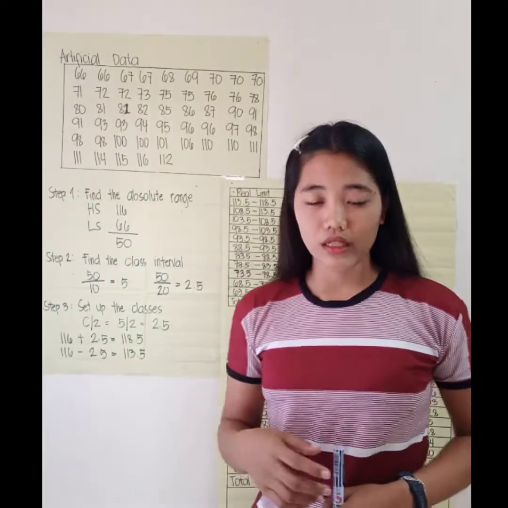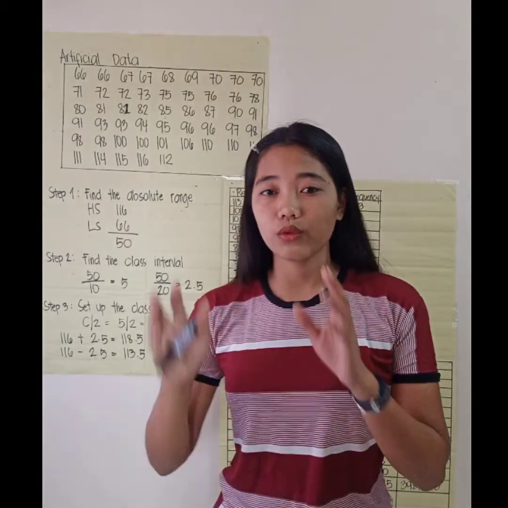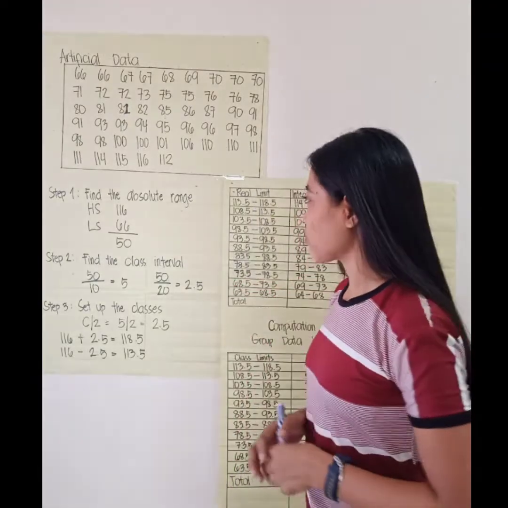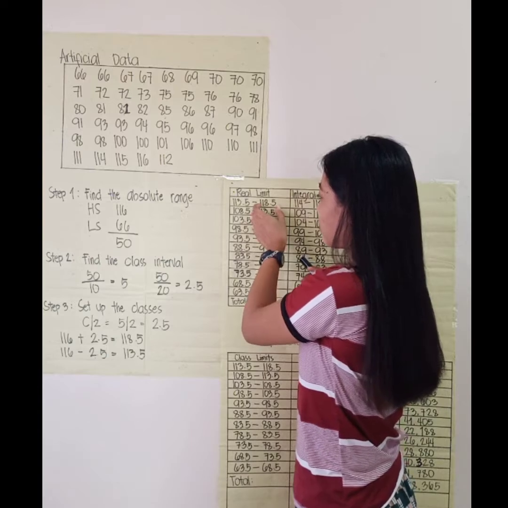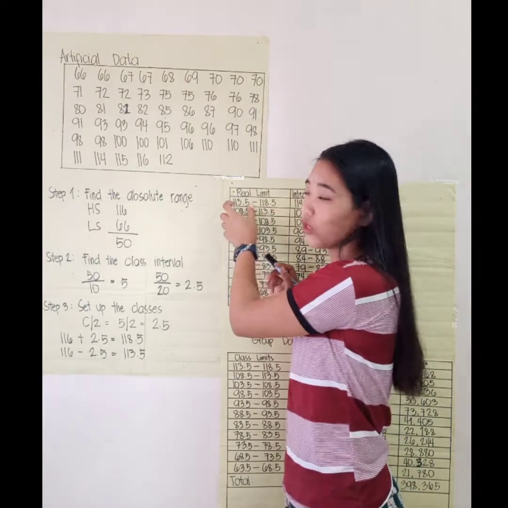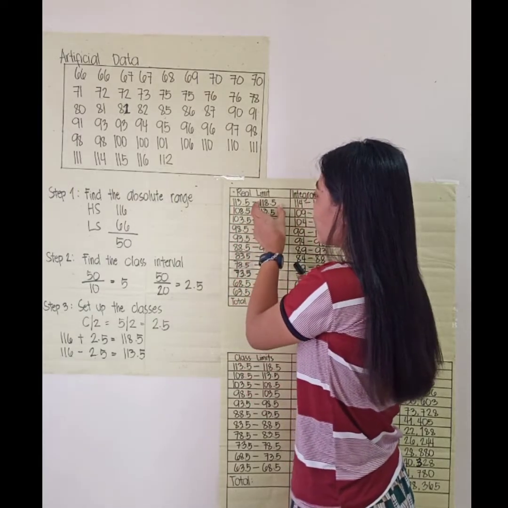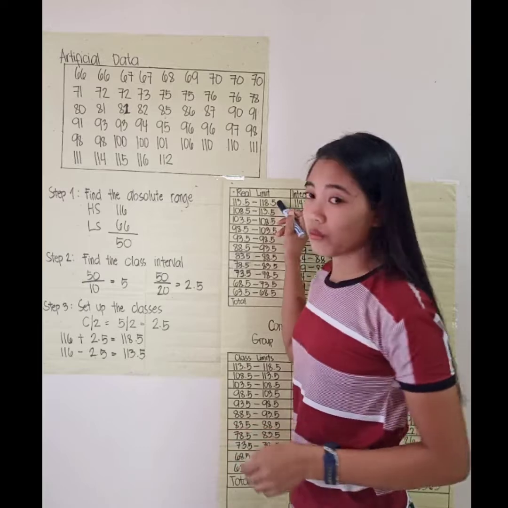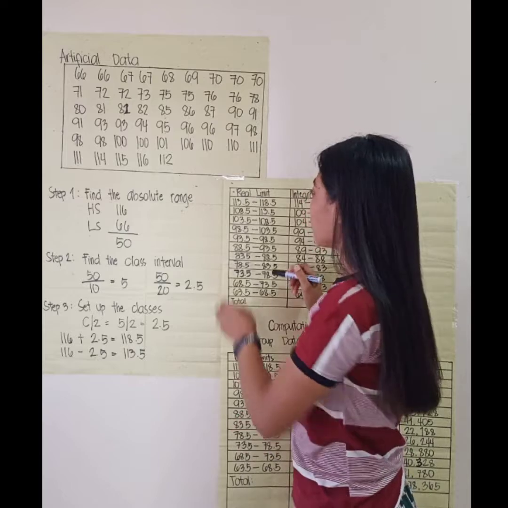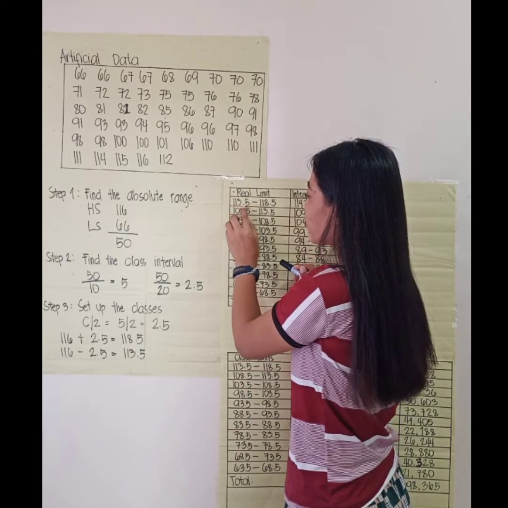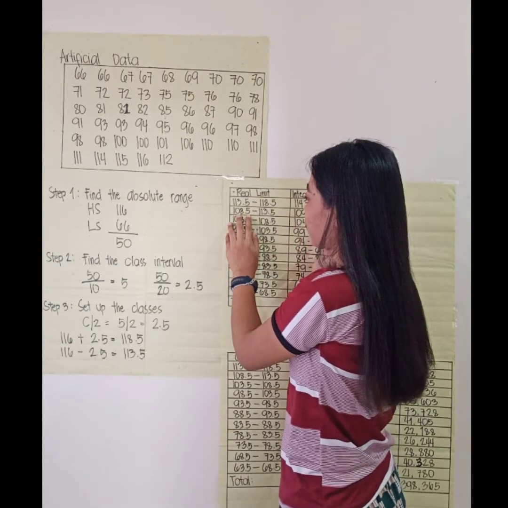In getting the real limits, subtract 5, the class interval, from the lower class limit down to the lowest class limit. We need to subtract 5 in each class limit. So 113.5 minus 5 is equal to 108.5.